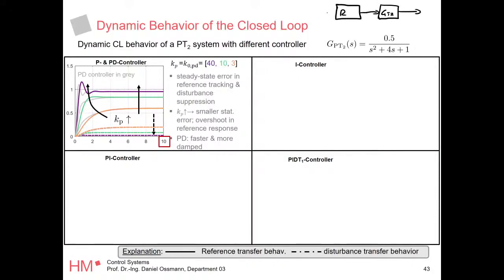Now we take a look at what happens in that loop, so how is that new system behaving? Controller multiplied by our system, which is a PT2, and then closing the loop. And for R, we take all the different possibilities we have.